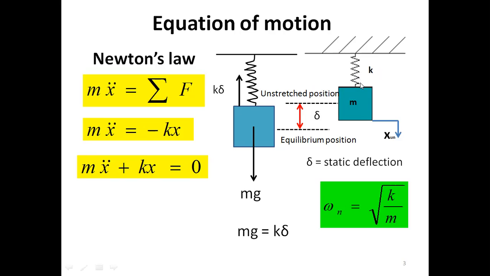So the spring force, which is kx, k times deflection, the deflection is 0. So the spring force in that case would be 0 because I am actually holding the mass. The spring is not supporting the mass in that case. We call that position the unstretched position. Unstretched means that the spring is neither in compression nor in tension.